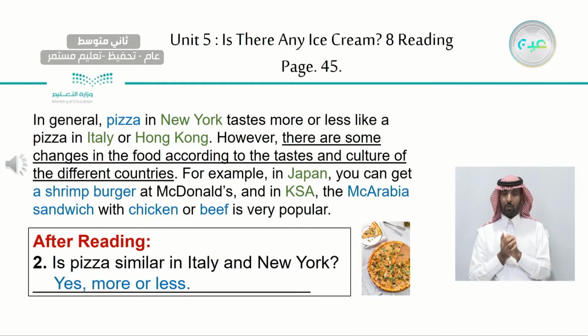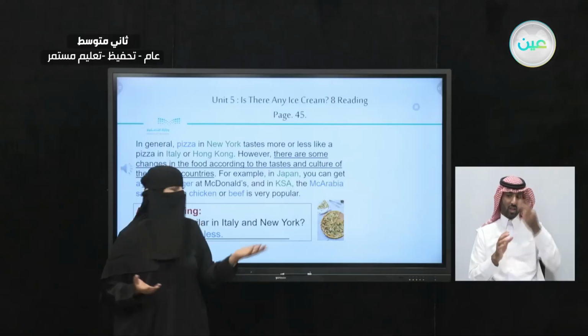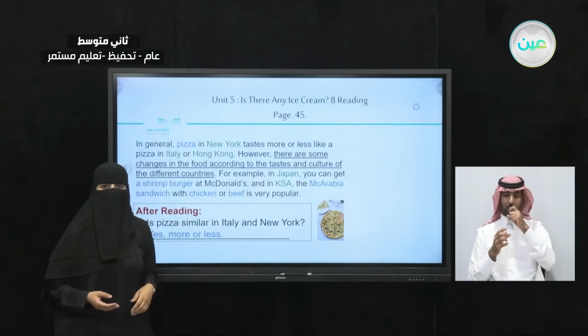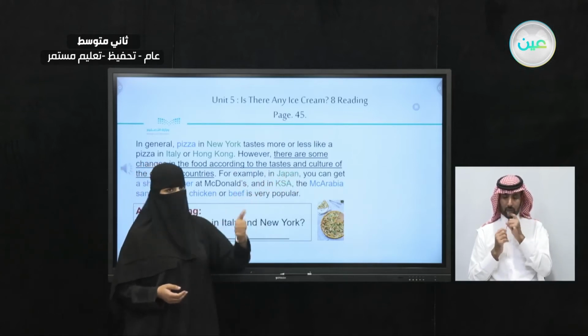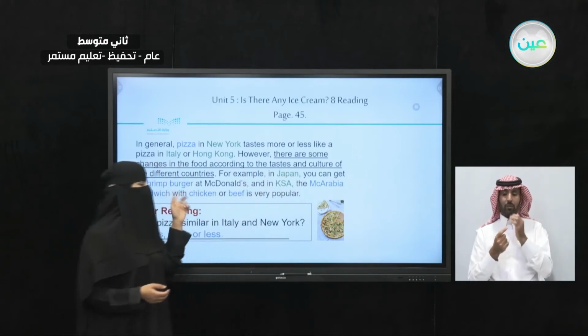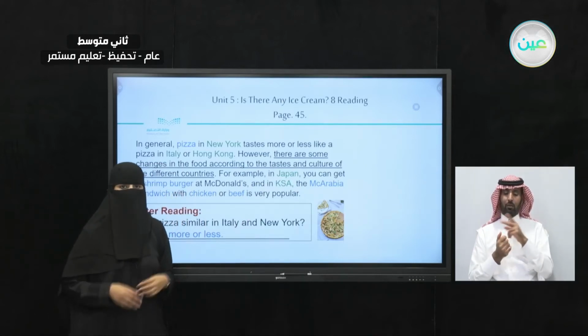Now, why is it not common in both of these countries? Why is there no shrimp burger in KSA and no Mac Arabia in Japan? According to two things. What is it? Actually, the culture and the taste that can make these changes in food around the world.